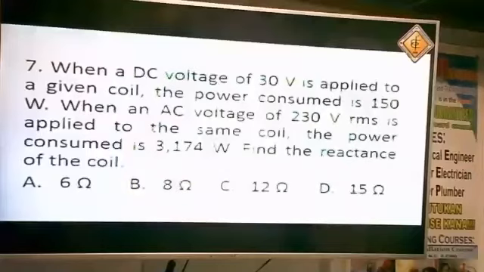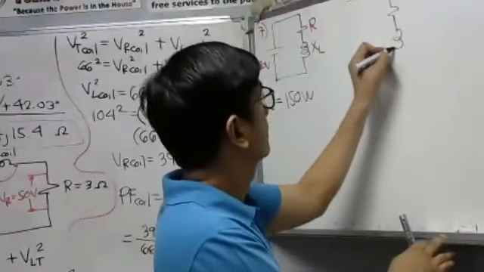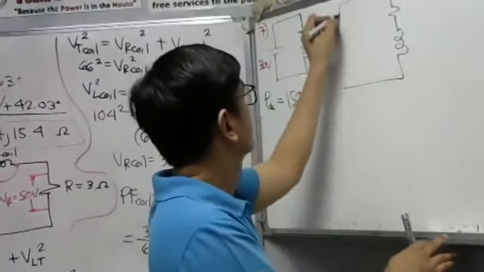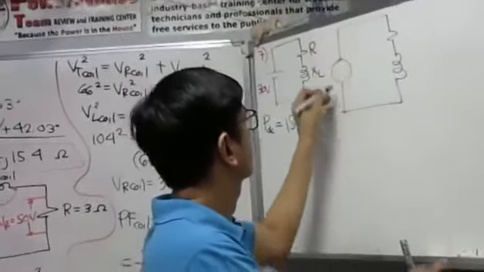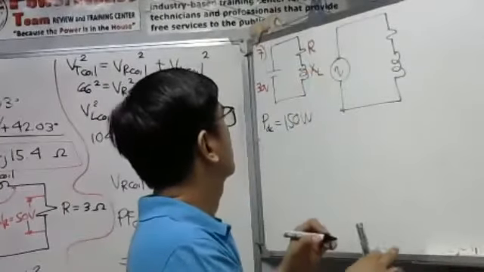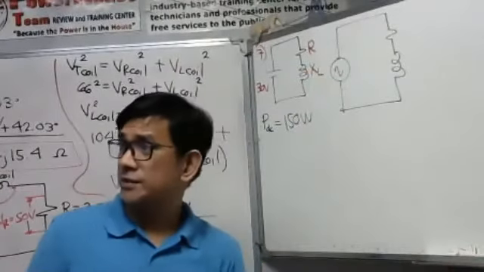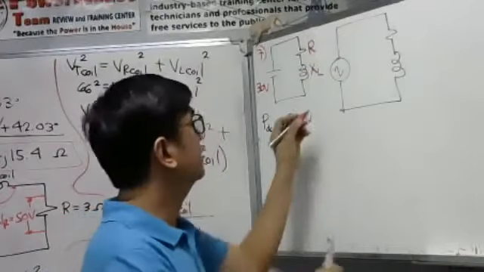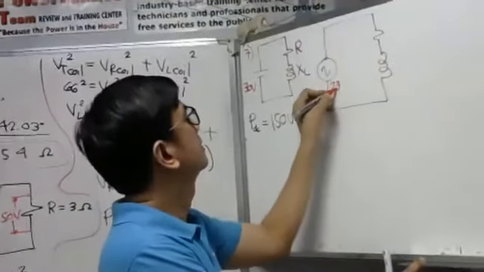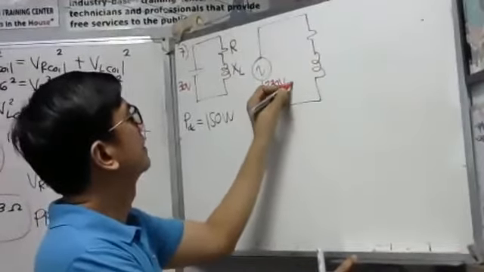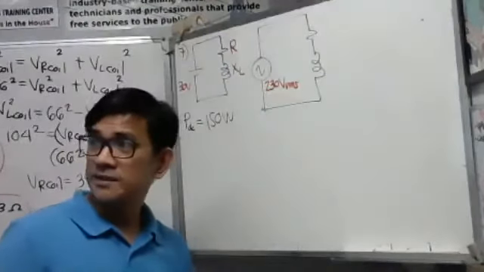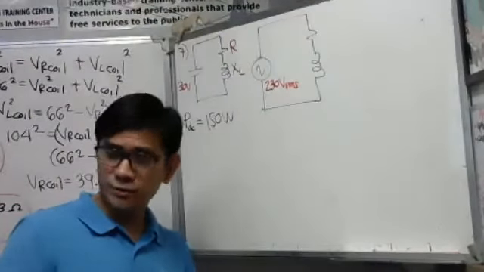150 watts. Okay? When an AC voltage, 230 volts. So we have an AC voltage here. Okay. So our AC voltage, 230 volts, RMS, is applied to the same coil, the power consumed.